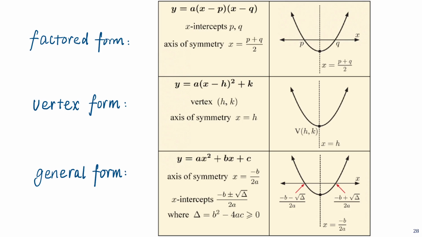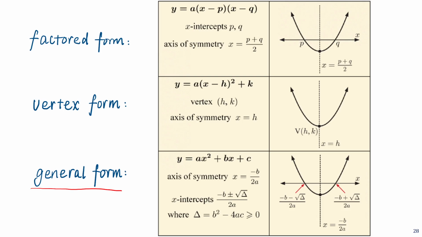Actually, similar to the different types of equations for lines, we have different forms for quadratic functions as well, right? The equation we just mentioned is called general form, which is y equals ax squared plus bx plus c. Also, the quadratic function can be expressed in a factored form.